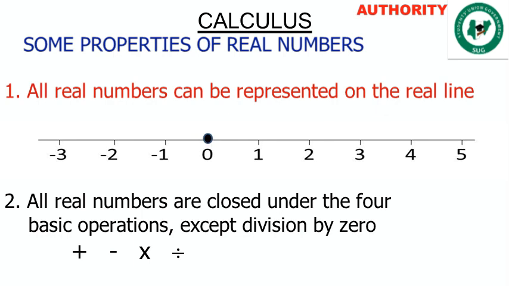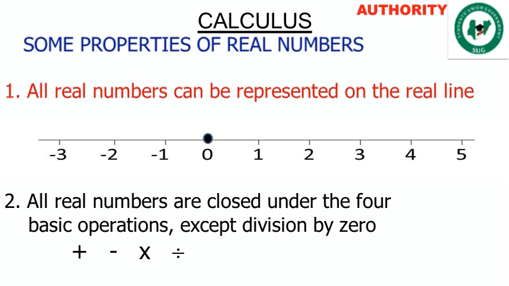For instance, let's just say 1 divided by 0. In a calculator it will tell you math error. So it's not possible. It's undefined. Any number divided by 0 is undefined.